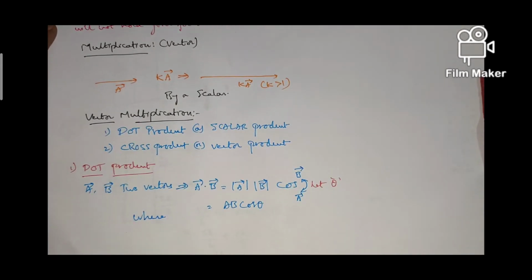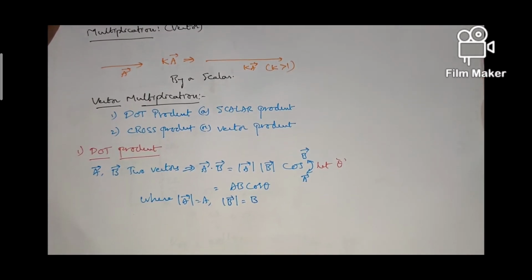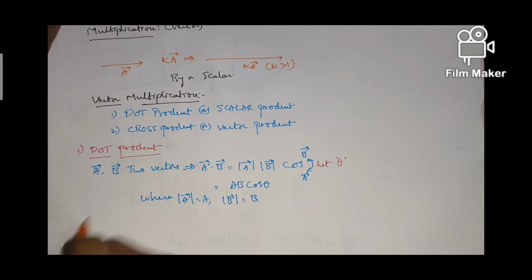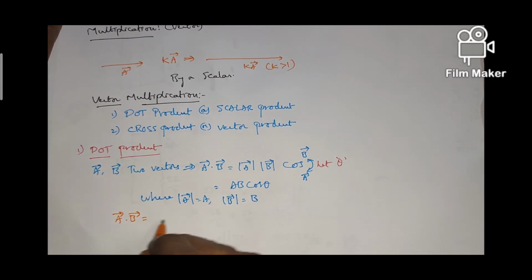modulus of A bar is equal to A and modulus of B bar is equal to B. And as the output here is a scalar quantity, A bar dot B bar will be equal to B bar dot A bar.